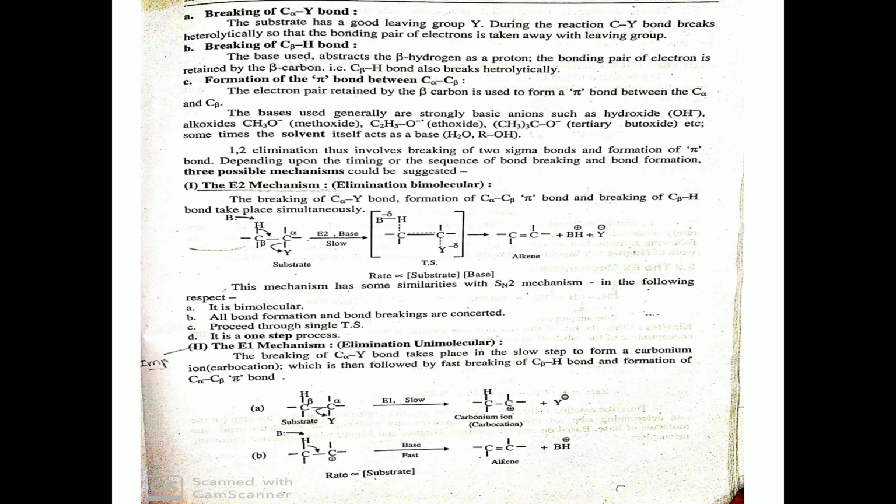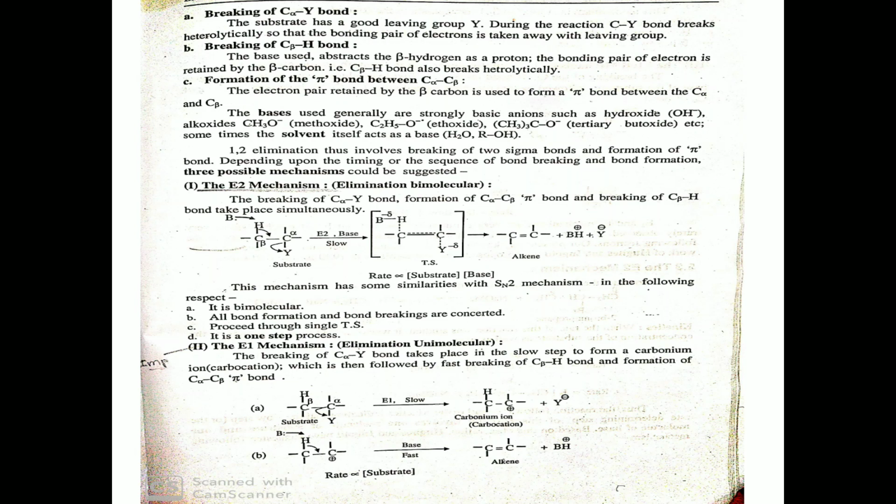Second, E1 elimination unimolecular mechanism. In this mechanism, breaking of the C alpha-Y bond takes place in the slow step to form a carbocation, which is then followed by fast breaking of the C beta-hydrogen bond and formation of the C alpha-C beta pi bond.